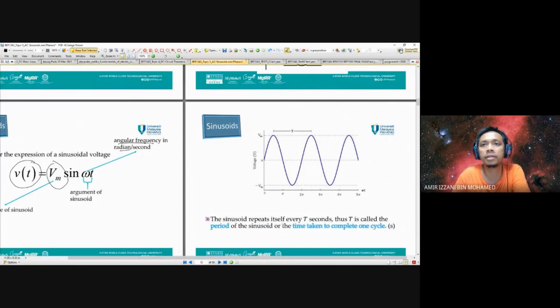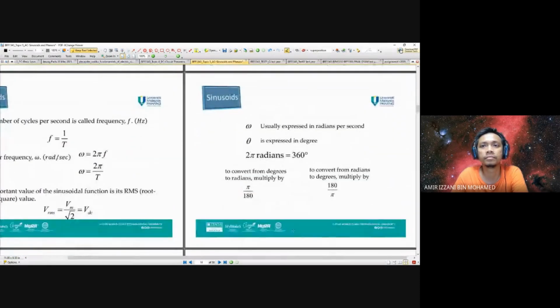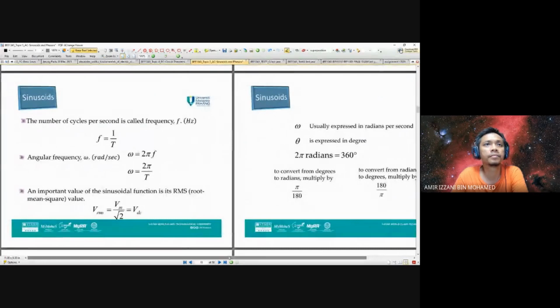The sinusoid repeats itself every T seconds, so T is called the period of the sinusoid, or the time taken to complete one cycle. And this is the equation for the relationship between the frequency and the period of the sinusoid. Omega equals 2 pi f, or 2 pi over T.